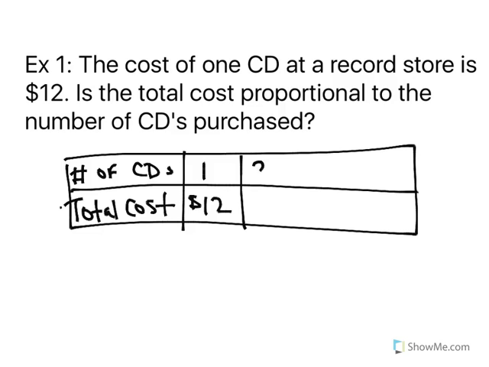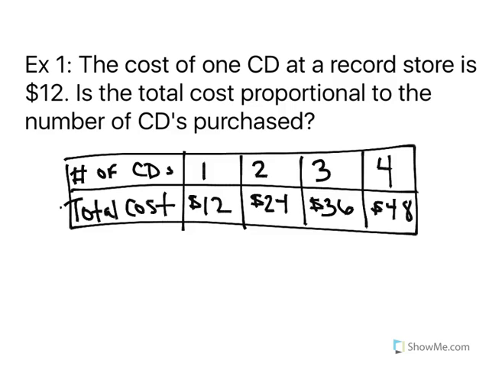Two CDs? 2 times 12 is $24. Three CDs, counting by 12s, is $36. We'll go one more because we have room: 4 CDs, 4 times 12 is $48.